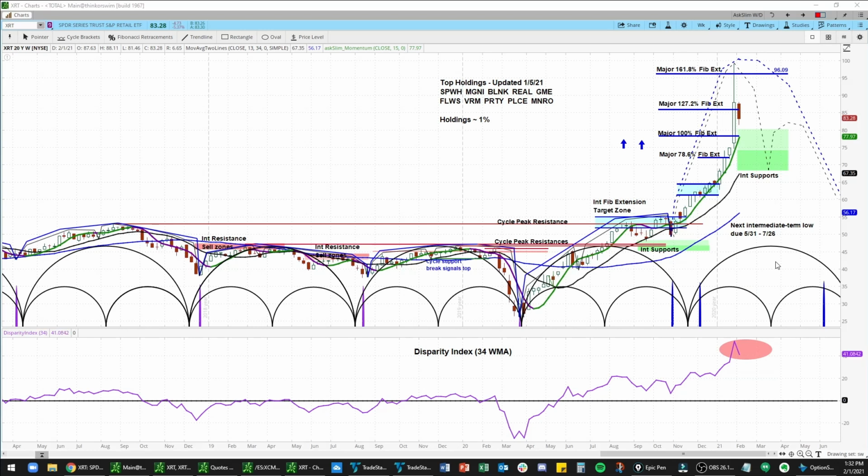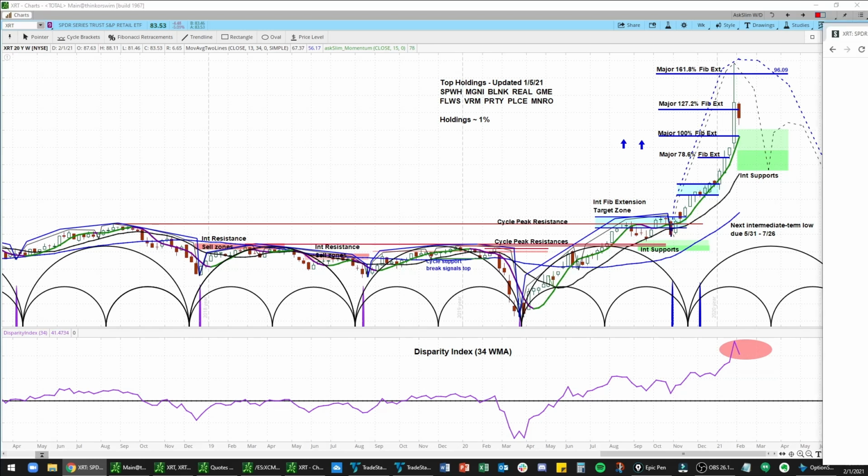Now, what I also want to highlight is the underlying holding. I last looked at the XRT for our members on 1/5 of this year, and the holdings were all around 1 to 1.5% of the underlying fund. So what I'll do now is bring over the SSGA updated holdings here.